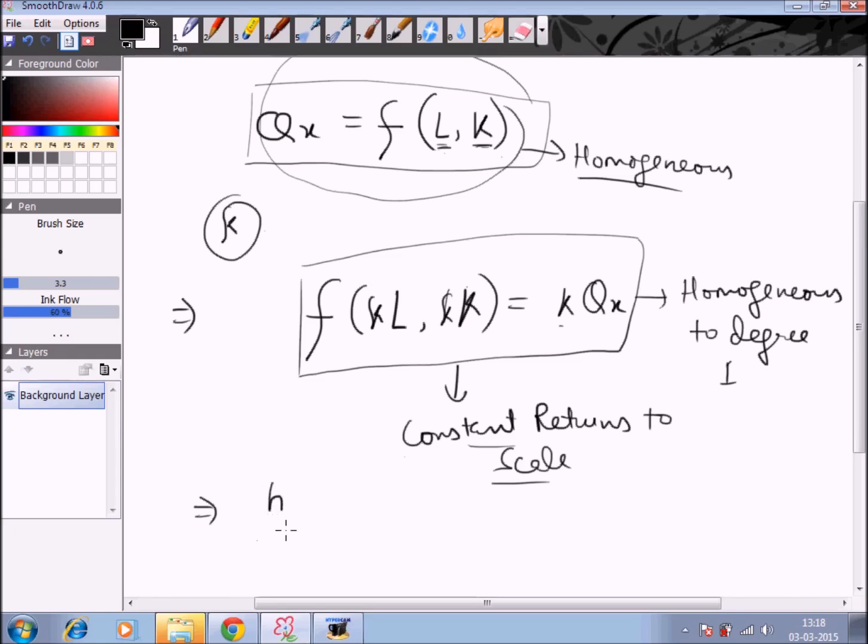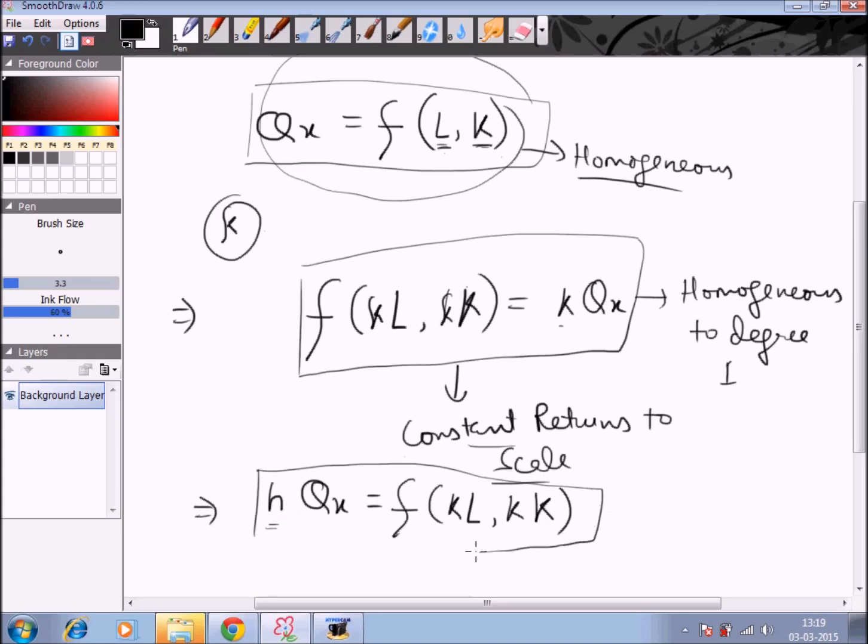Suppose we take a constant as small h: h times Qx is equal to a function of small k labor, comma, small k capital. Now in this particular production function I can derive three conclusions.